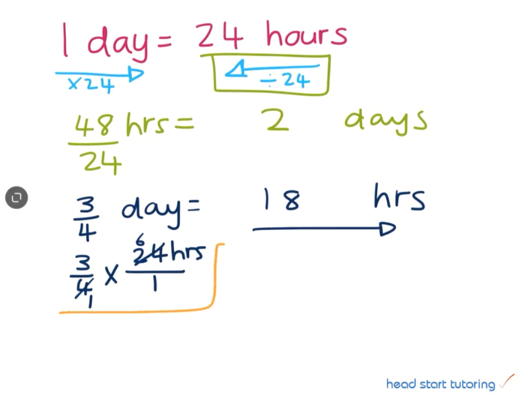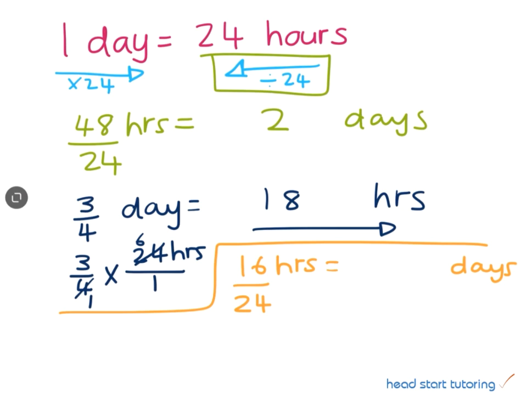If I would like to work out how many days 16 hours is equal to, we know that it's going to be less than a full day, but at least we can work out what fraction of a day it will be by dividing our 16 by 24. So 16 over 24 will be our answer, but obviously we need to simplify it further.